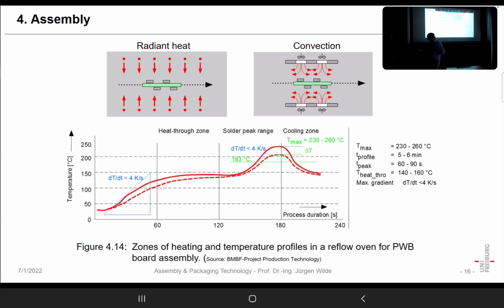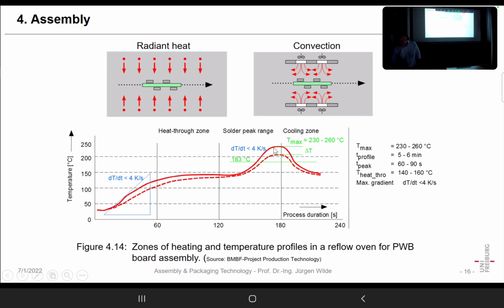And then the flux becomes active, and a little later the solder material becomes liquid. And then, for instance, here in that solid line curve, we go to 230 or so, and that's a typical profile we have for a leadless solder alloy.